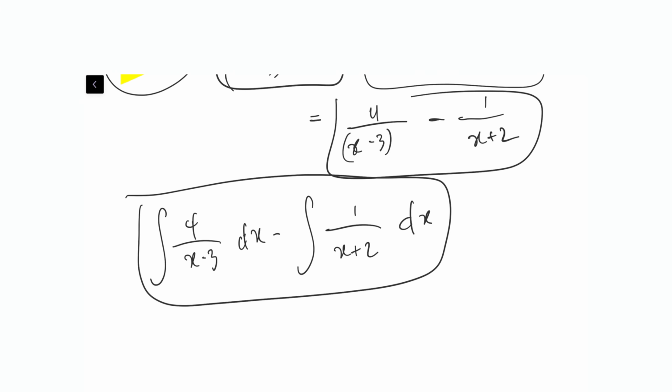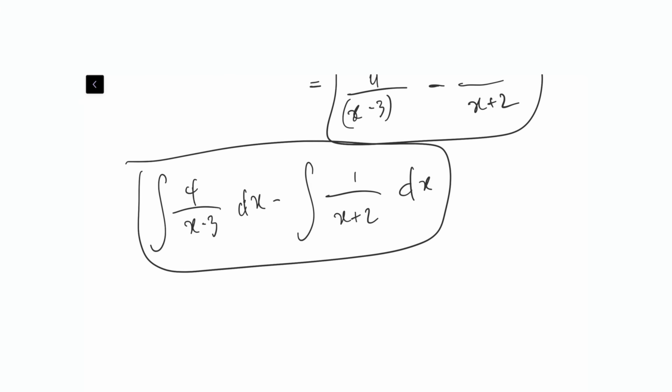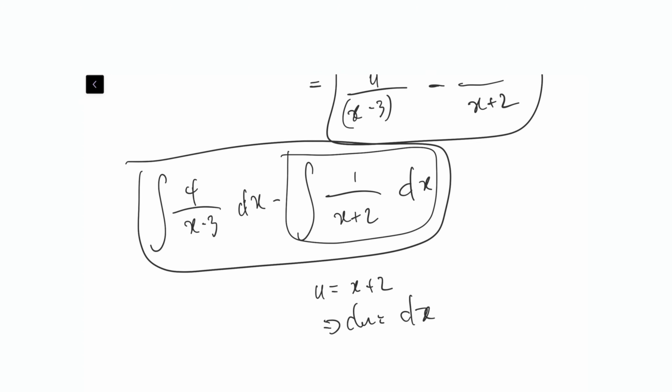And what we would use to solve these integrals is u substitution. Why? Because if we let u equal x plus 2, I'm going to just explain this part, then we certainly can use u substitution because du is equal to dx.